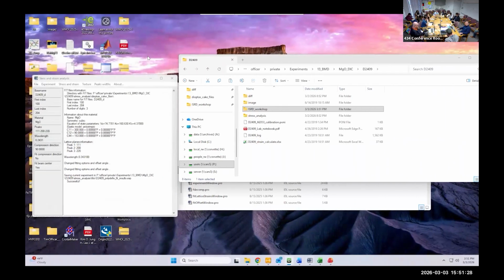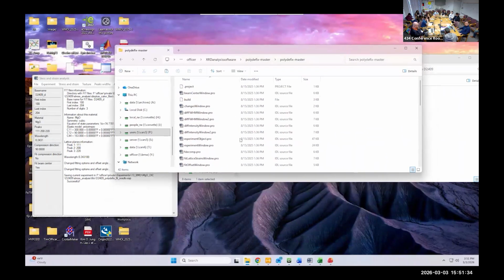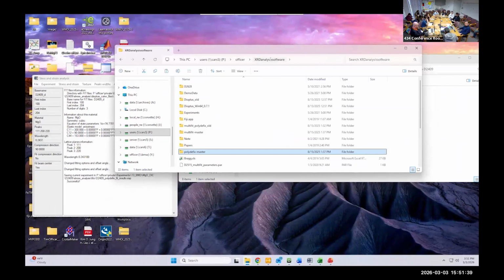So the program that we use is this program called Multifit. And you want Multifit Master. That's like the newest version. All of this software is free. Multifit Master and this other program, PolyDefects, they run in IDL, but you don't need IDL to run them.